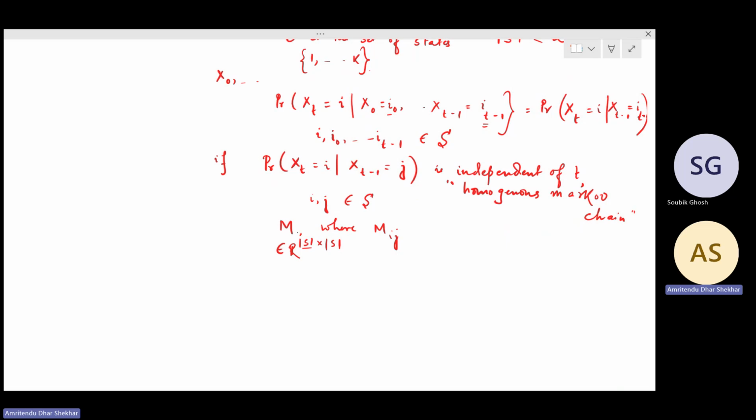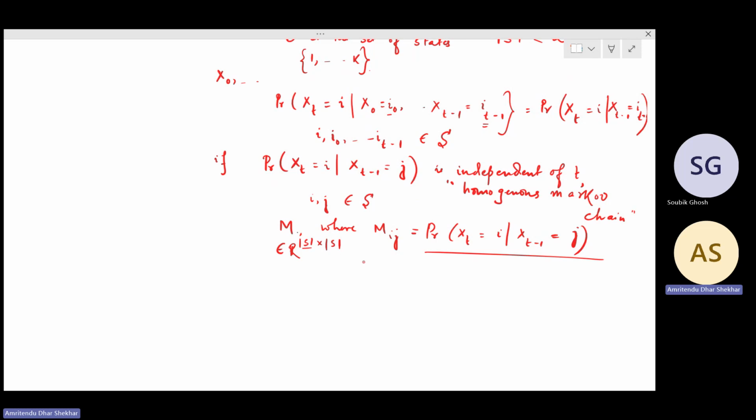And each entry of the matrix Mij is basically the probability of xt equals i given xt minus 1 equals j. Okay, so you can have a matrix like this.